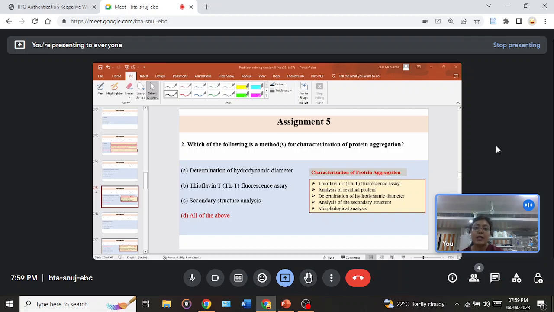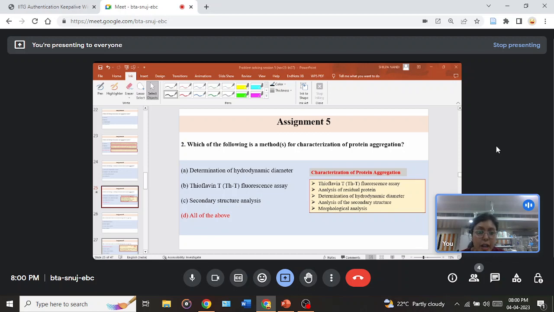In the THT fluorescence assay, you basically analyze the intensity. And secondary structure analysis involves instruments such as FTIR, Fourier transform infrared spectroscopy, from where you can analyze the peaks relating to alpha helices, beta sheets, as well as various loops and random coils.